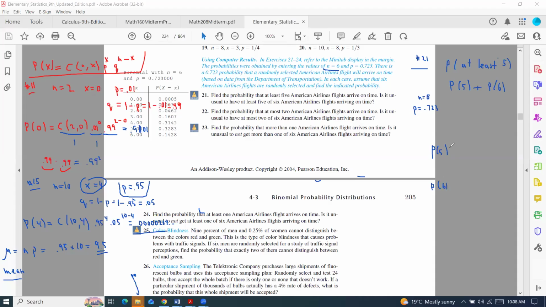So turns out when you have a binomial experiment, you only care for the whole values for X. So you cannot have 5.5 flights to be on time. It's just not making sense, right?